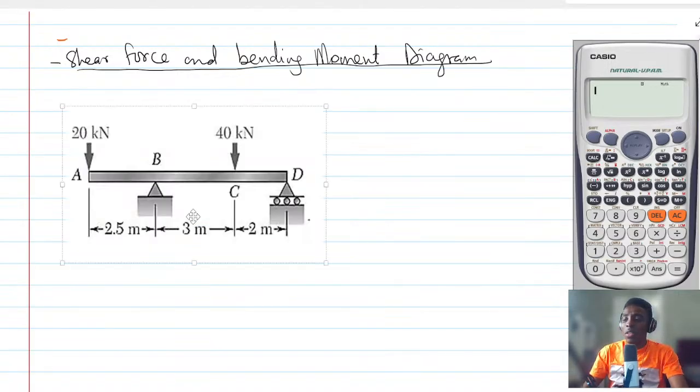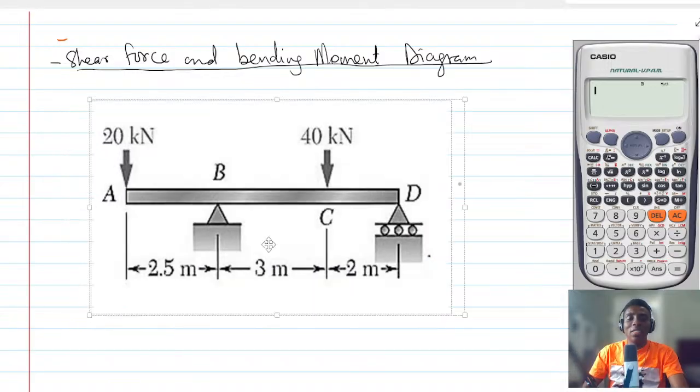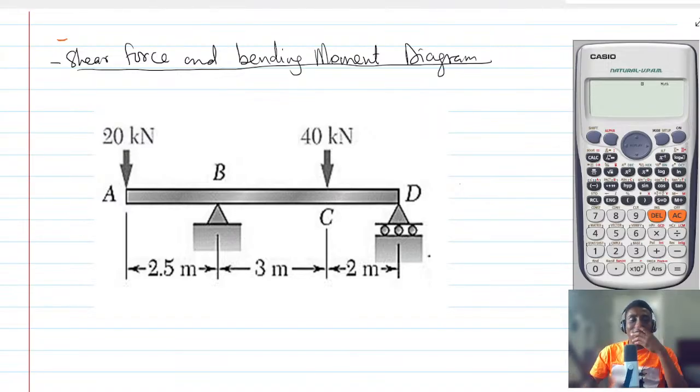Sorry for the delay, I was having a challenge with my screen. I hope everybody can see this question. Let's say you have been given a question like this, and you have been asked to draw the shear force and the bending moment diagram. How can you solve this problem? Quickly, let's do this together.